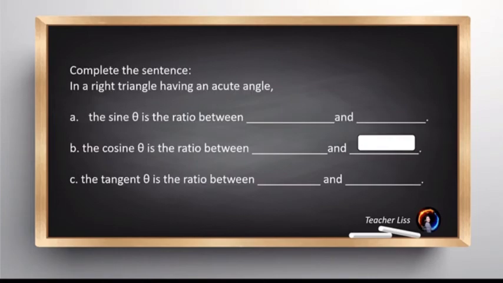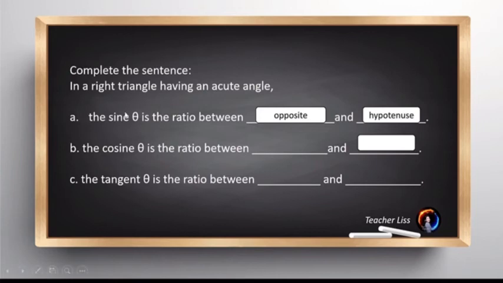So just to summarize what you have learned, please complete the sentence. In a right triangle having an acute angle, the sine theta is the ratio between what? The opposite and hypotenuse. If you are asked what is the relationship of the opposite with respect to the hypotenuse, then your answer would be sine. Or if you are asked what is the relationship of the hypotenuse with respect to the opposite, just remember to quote hypotenuse first.